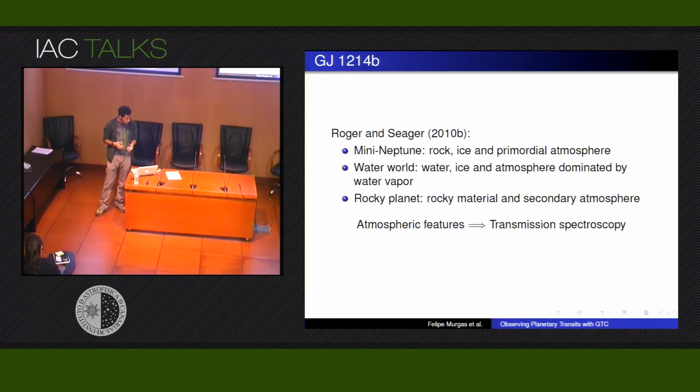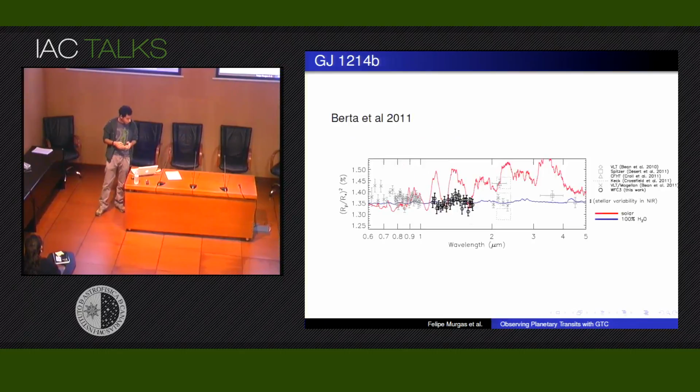This is one of the most studied planets, I would say. This is an example of the work of Berta and collaborators from last year, and they used the Hubble telescope to try to constrain the atmospheric composition.